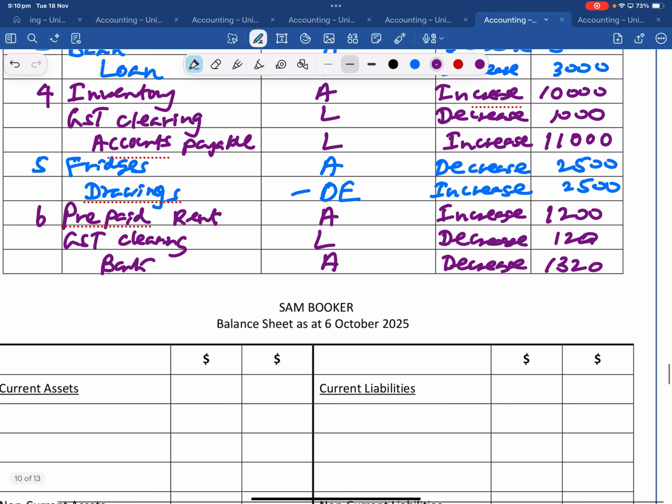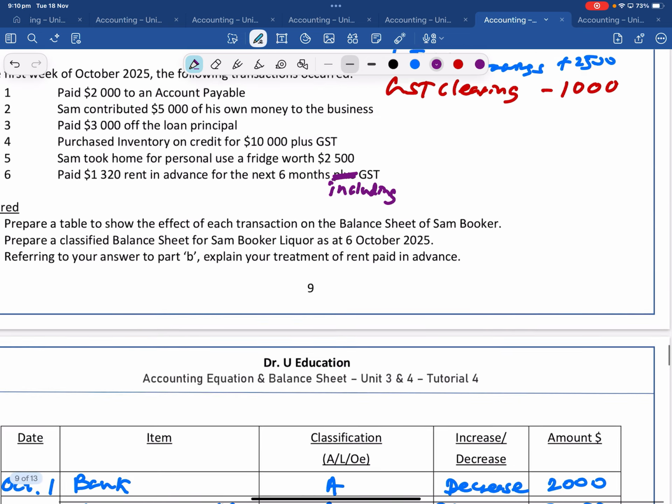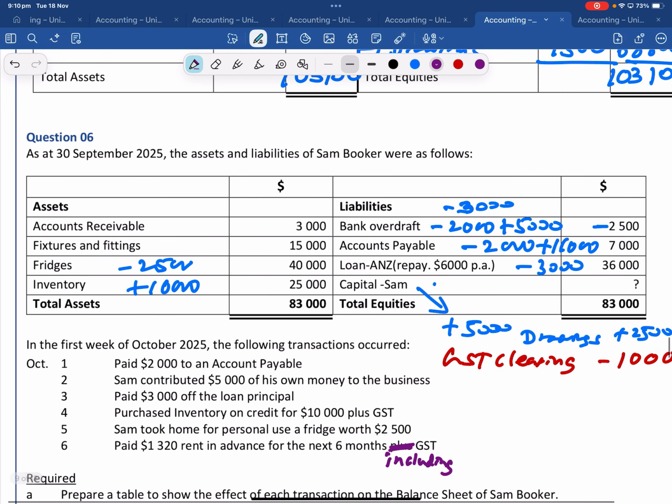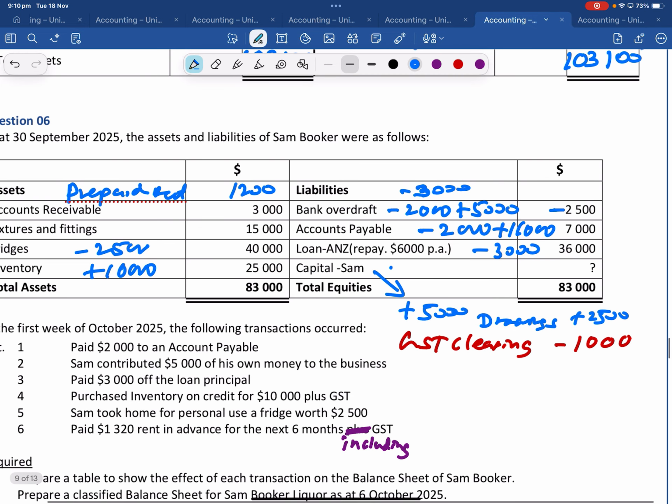Yeah, prepaid rent is going to be a current asset. 1,200, and then GST clearing another 120 minus, and then the other one is bank. Yes, bank will be minus 1320.